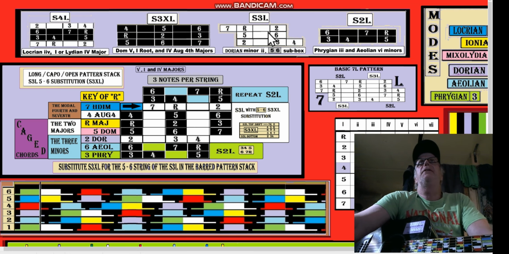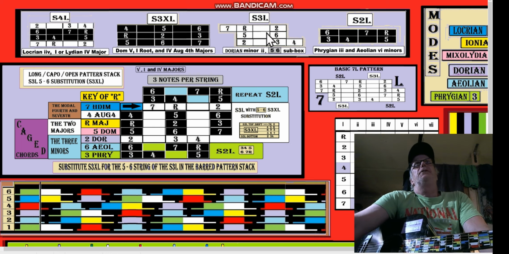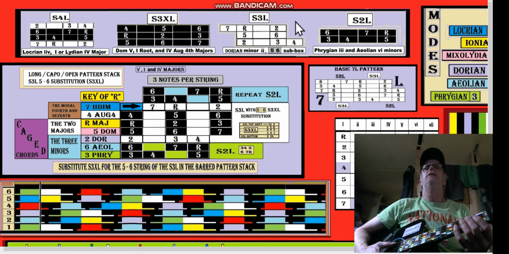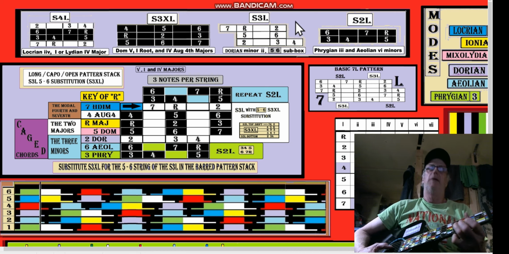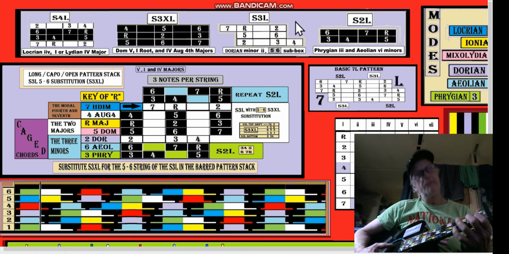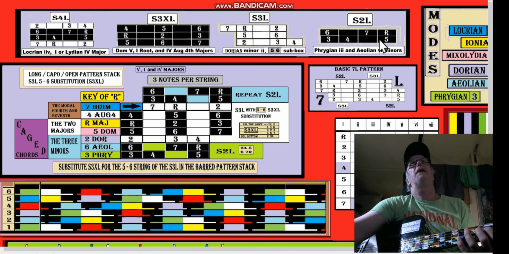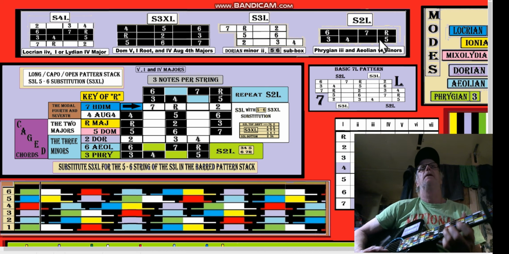Now I've assigned these modes to our friends here. This is the simple stuff. This is the Dorian minor, you know. And then going into the S2L on top isn't always particularly easy. That sounds like Spanish eyes.